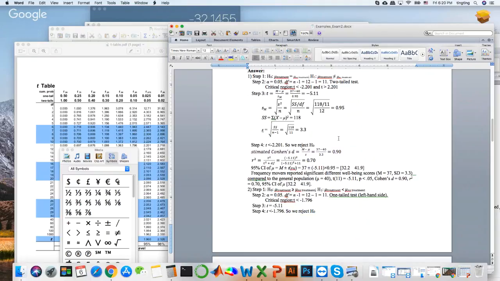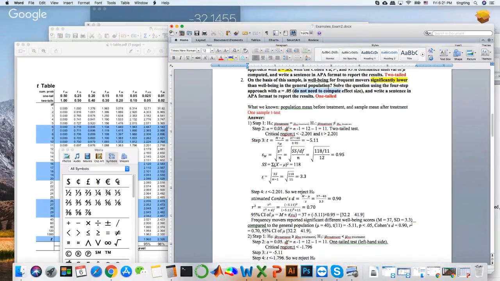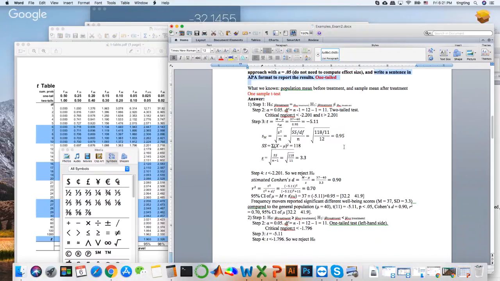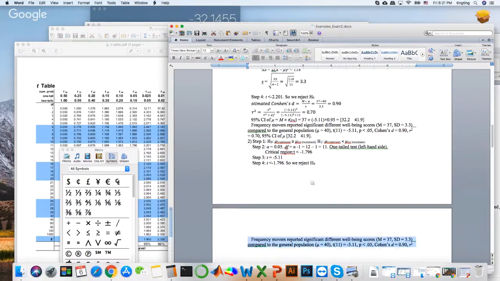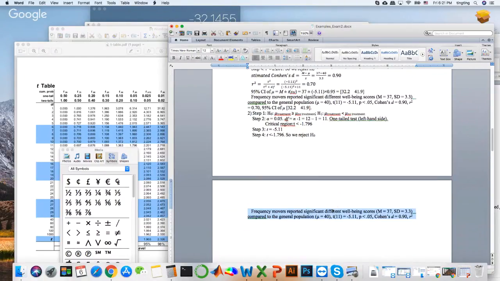Okay, and then go back to the question, right? We do not need to compute effect size, so we are done. And then we just need to write a sentence in APA format. So the sentence will be very similar. Copy and paste here. Frequency mover reported significant, so not different. So here, because we know it's lower, well-being score comparisons.